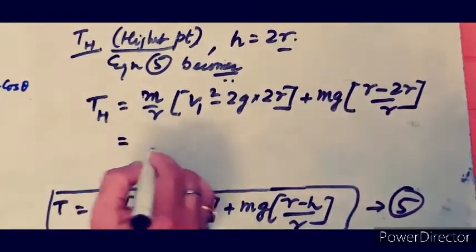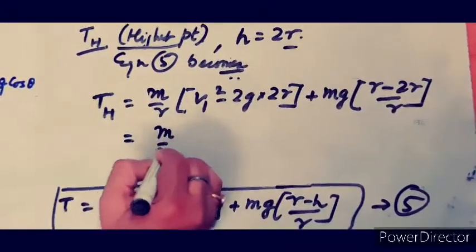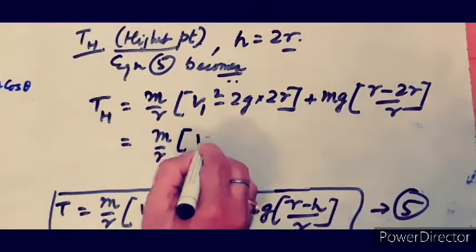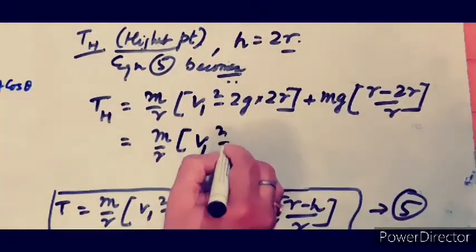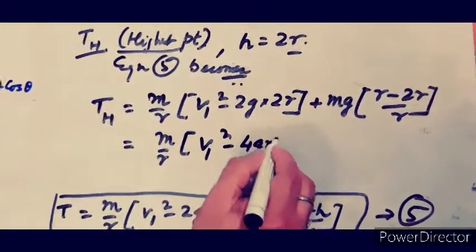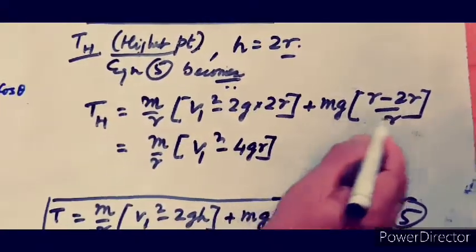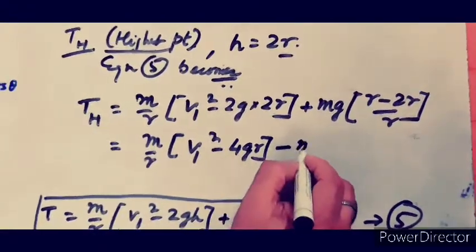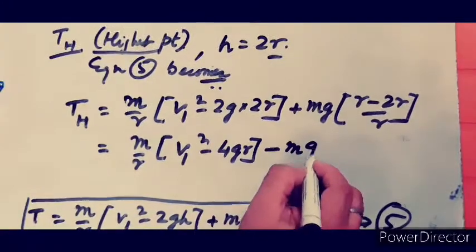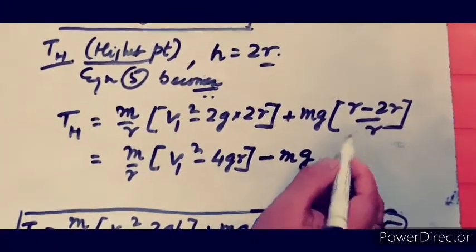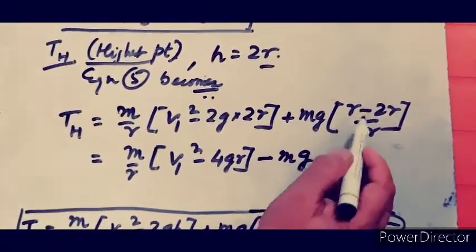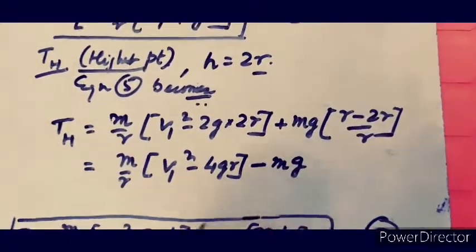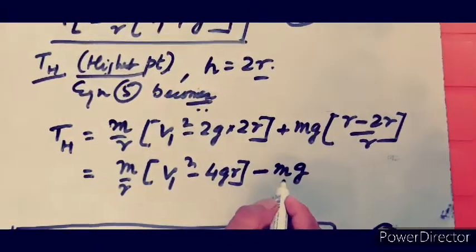So ultimately what we are getting is m by R within the bracket, v1 square minus 4gR, and then minus R, R cancels, ultimately minus mg. Here, minus R by R, ultimately minus m into g.